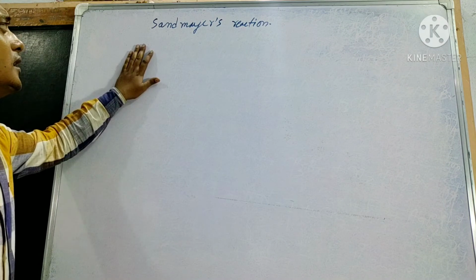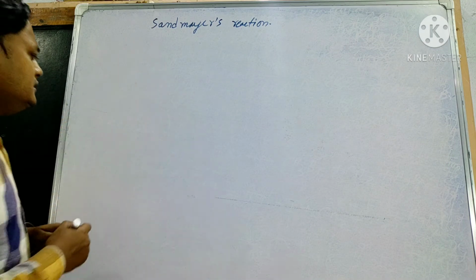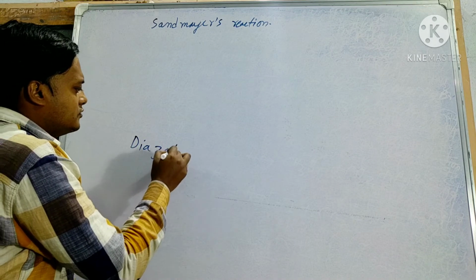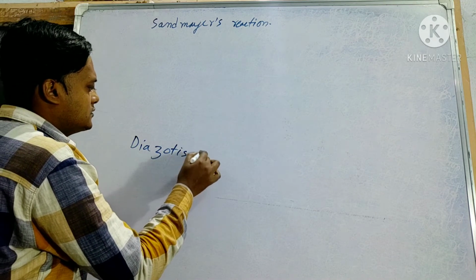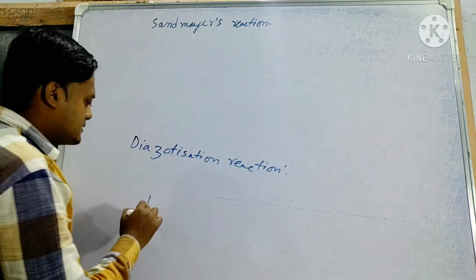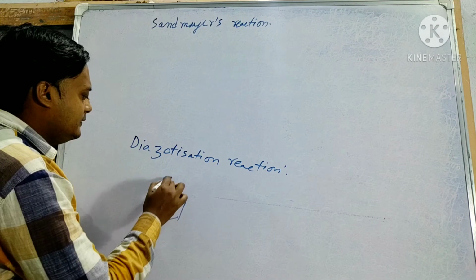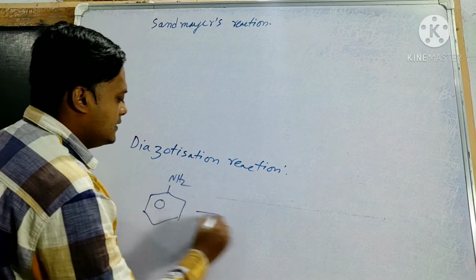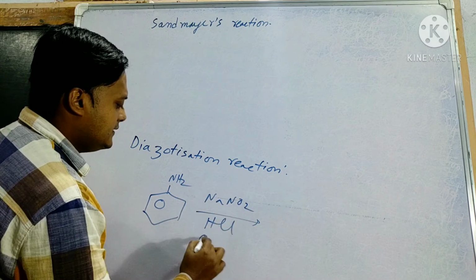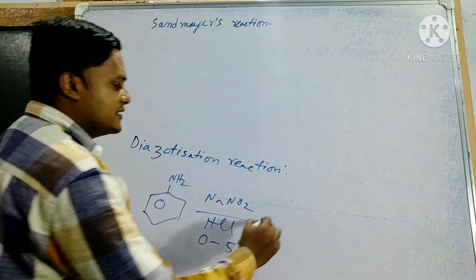Sandmeyer reaction. But before Sandmeyer reaction, we have to learn the diazotization reaction. Now see, aniline reacts with NaNO2 and HCl at 0 to 5 degrees Celsius.